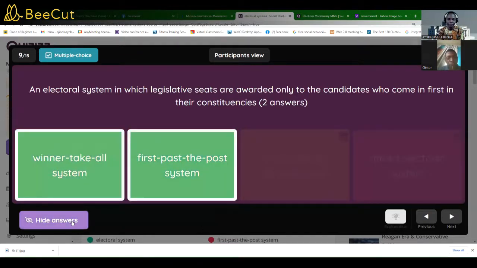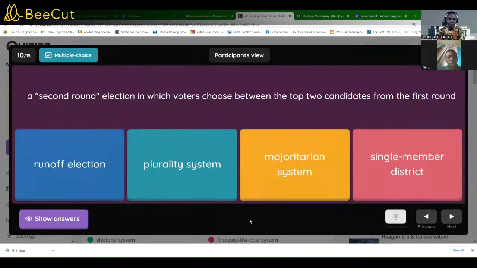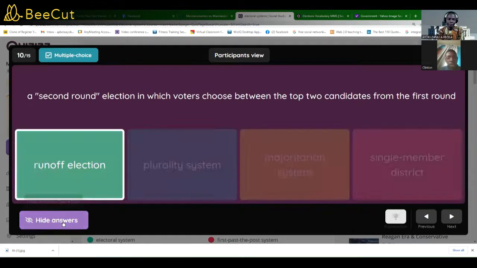That's correct. A second round election in which voters choose between the top two candidates from the first round. Okay, runoff election. That's correct.